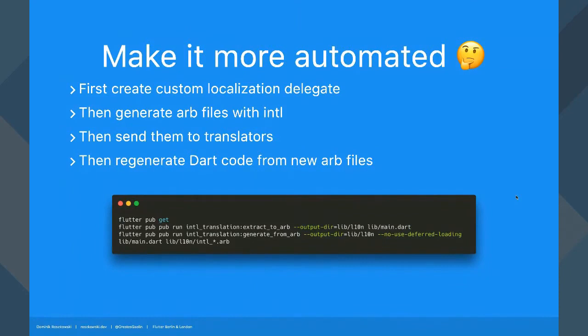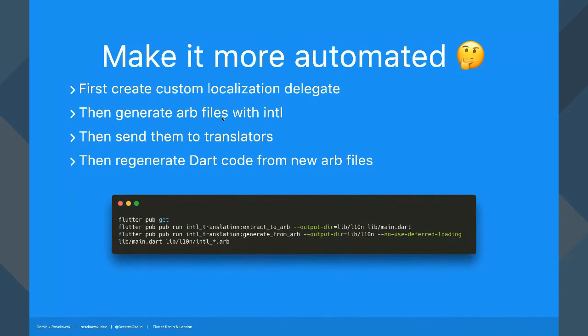So in order to use INTL to translate your app, we're going to first create a Dart file that will be used to generate ARB files. And I'm going to talk about ARB files in a second. Then, once you have your ARB files generated from your app, you can send them to your translator or translate on your own in some tool.